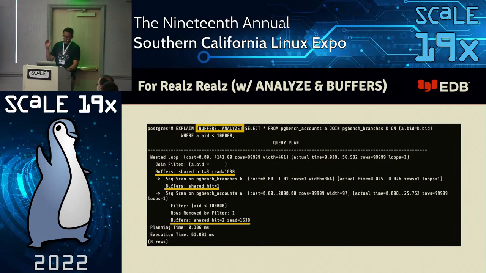If you are seeing a lot of unexpected reading of buffers off of disk, you might need to increase shared buffers, because stuff is getting evicted from the cache. You pull something into memory, and then the second time you pull it, you pull it from disk again, meaning that something between the two executions emptied the cache out. So maybe the shared buffers isn't big enough for you.